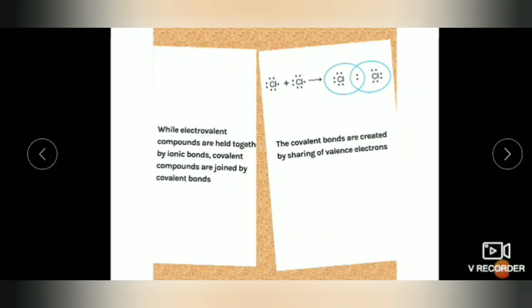Next, we move on to the covalent bond. A covalent bond means there is mutual sharing of electrons between two atoms. If there are half-filled orbitals in two atoms and sharing of electrons takes place between them, the bond that exists between these two atoms is called a covalent bond.